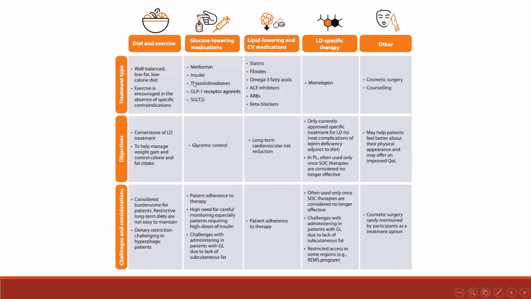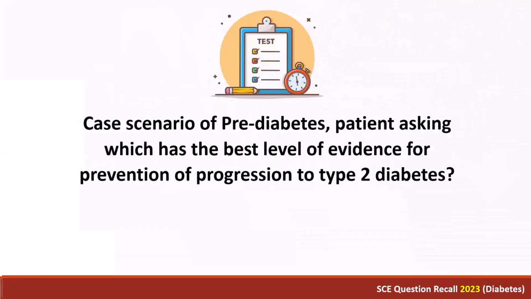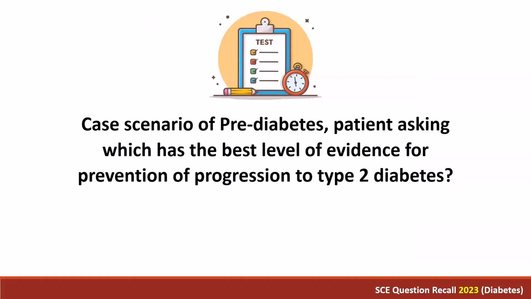But usually in the exam, we should choose insulin therapy. This is the most important to lower hyperglycemia in the patient with lipodystrophy. And of course, the Endocrine Society has a consensus paper about lipodystrophy diagnosis and treatment.